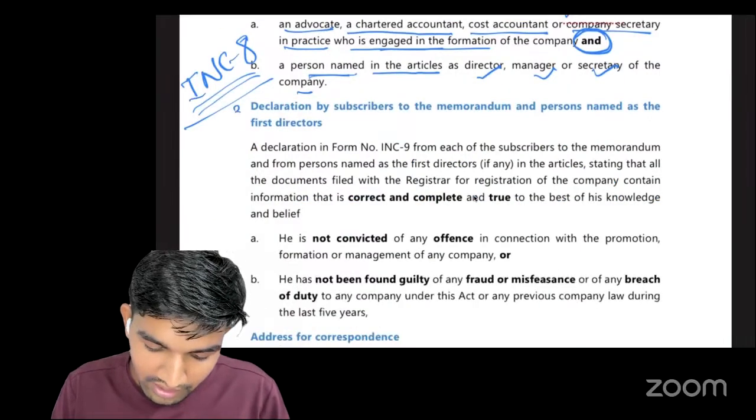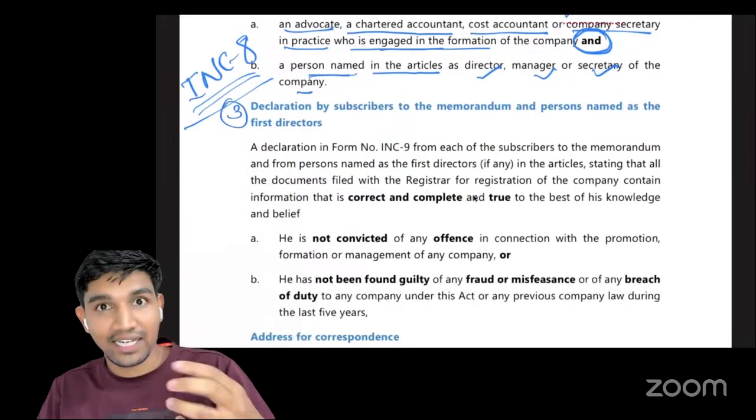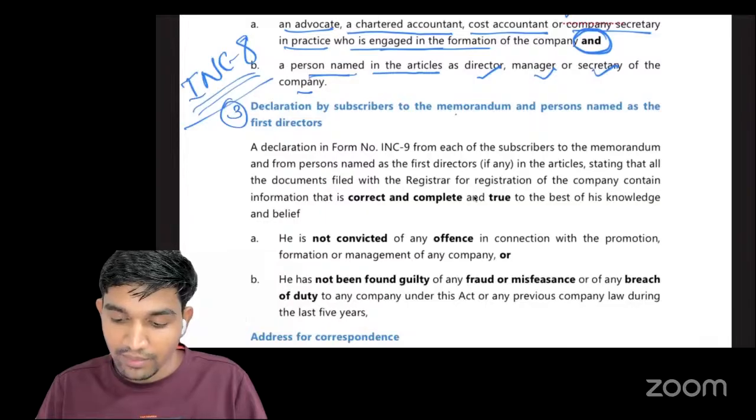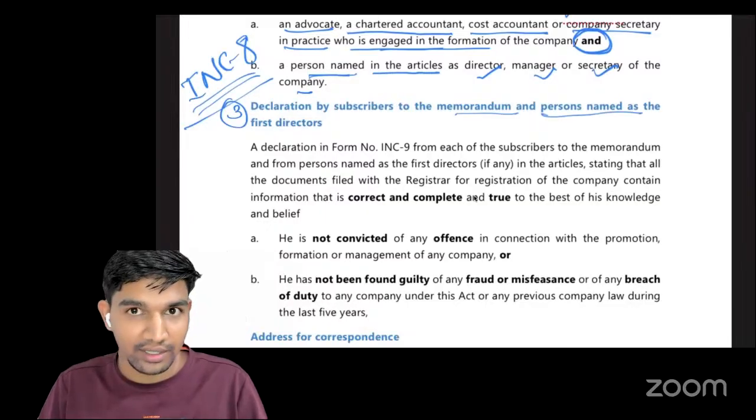Now, the third thing: the declaration by subscribers to the memorandum and persons named as first directors.